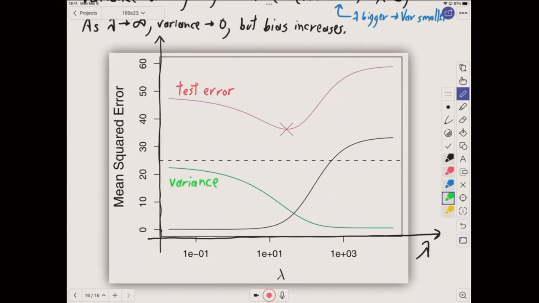So this green curve is the variance that I wrote a formula for up above. And the black curve is the bias squared, which is, you'll recall, the expected value of the hypothesis minus the ground truth squared.